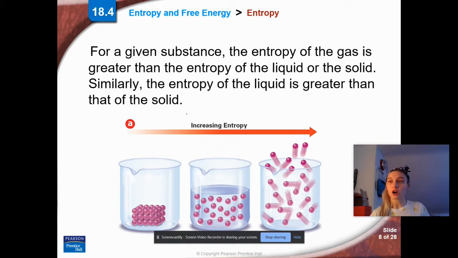The first thing we can talk about is going from solid to liquid to a gas. Usually for a given substance, the entropy, the disorder, of the gas is greater than the entropy of the liquid and greater than the entropy of the solid. So as you go from solid to liquid to gas, you're increasing the entropy. You're increasing the craziness. We see these nice little ordered particles in the solid.